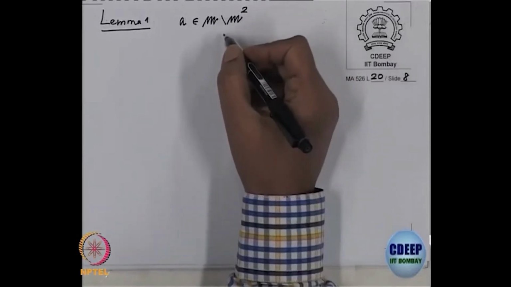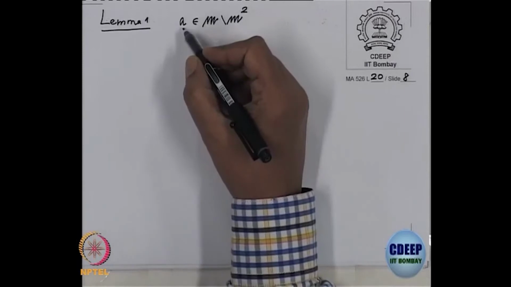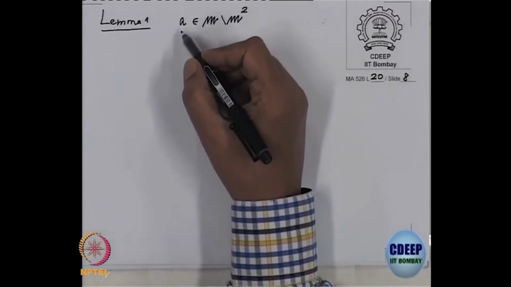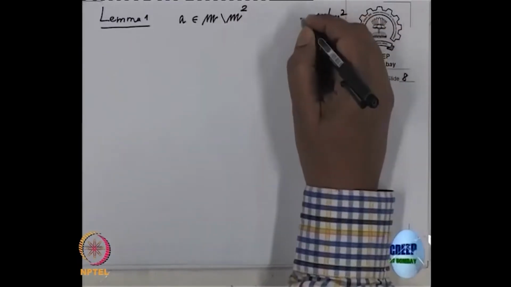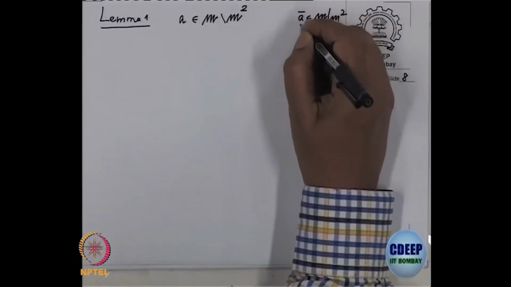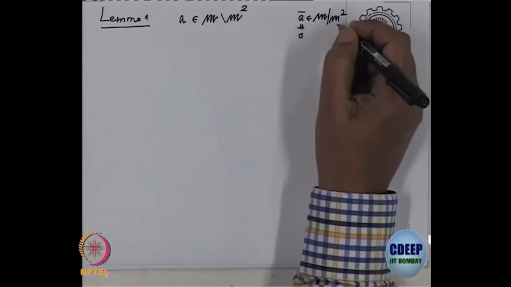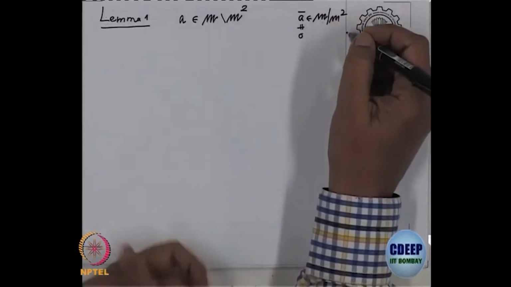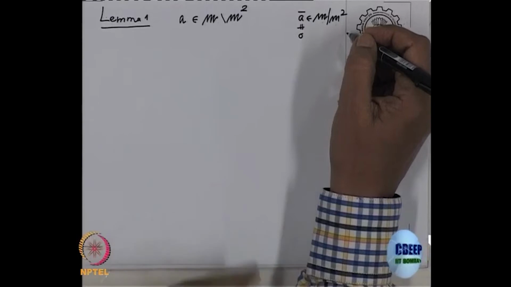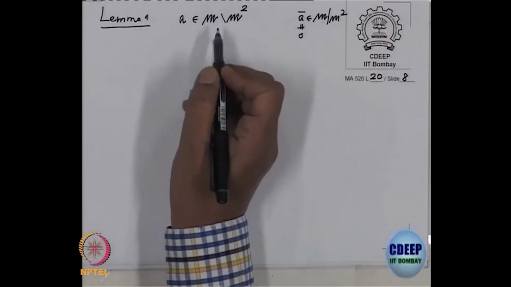This means that when I go mod M squared, it is a nonzero element a-bar in the vector space M/M squared. So I can extend it to a basis, and when I pull it back, it will be a minimal set of generators for the maximal ideal. So any such a can be extended to a minimal set of generators for the maximal ideal.